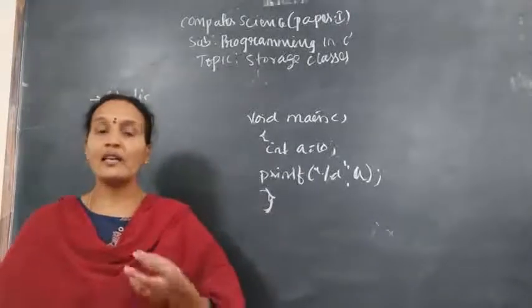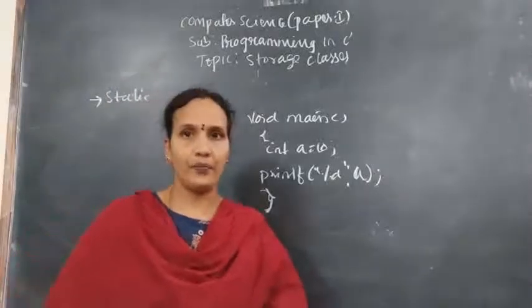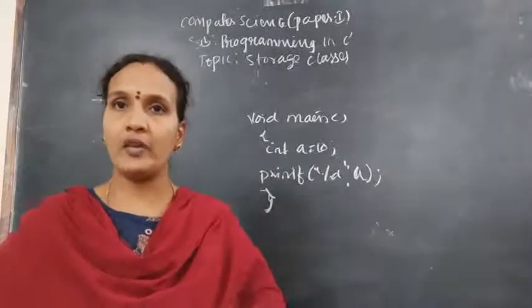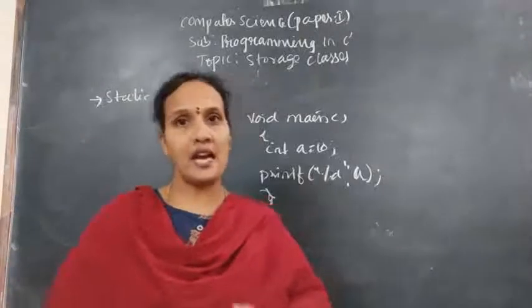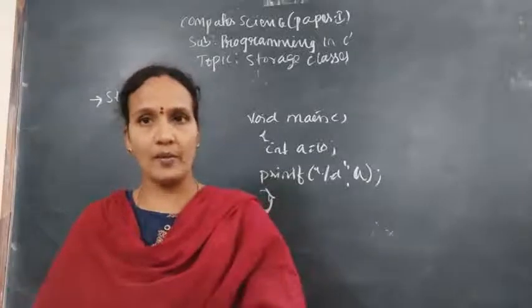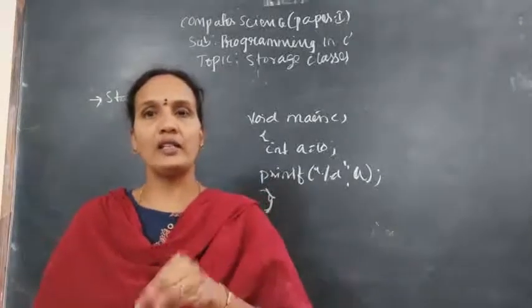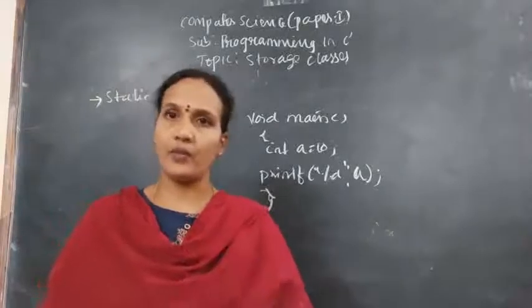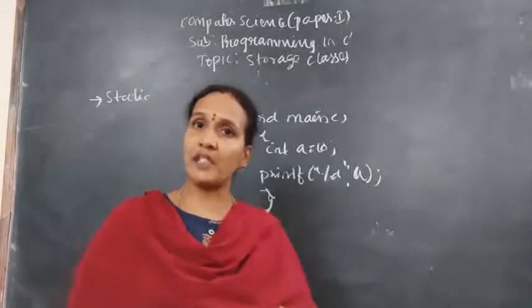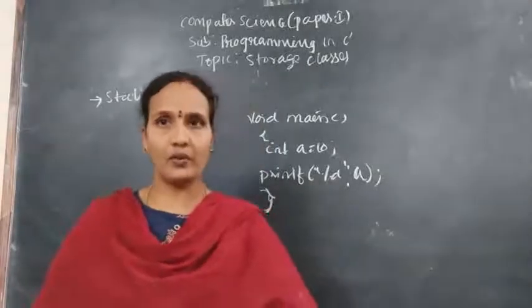So that type of variable you should declare as a static variable. What are static variables? The variables which are declared as static in the program remain in the memory even if that particular function is not executing, and the life of a static variable is equal to the life of the program.